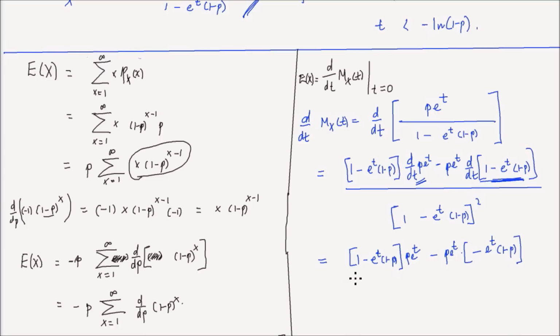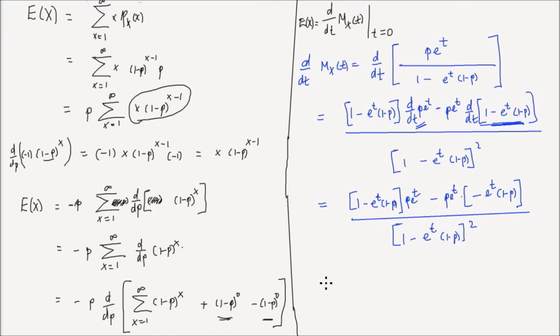Okay, now divide everything by 1 minus e to the t times 1 minus p squared. Let's simplify this. Multiply p times e to the t by 1, you get p times e to the t.